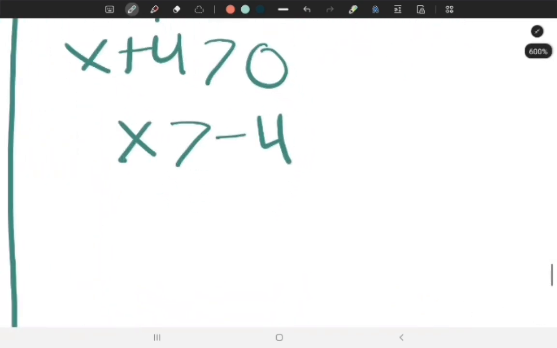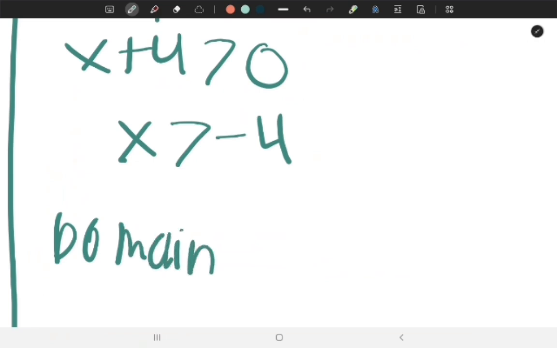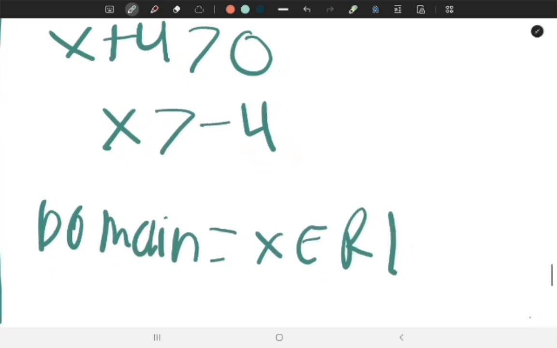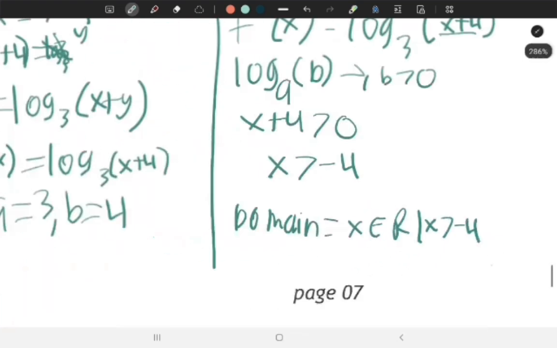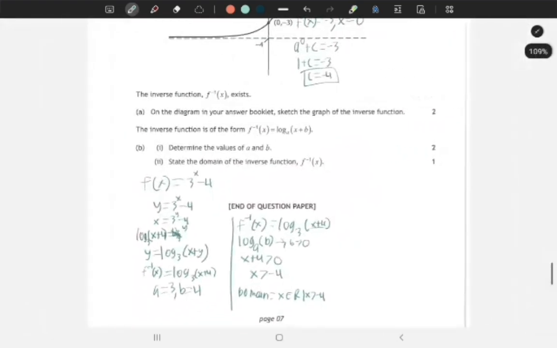Since it's an integer and it doesn't specify if it's positive or negative, the domain is x, an element of integer, such that x is more than negative 4. Okay, so now that's done.